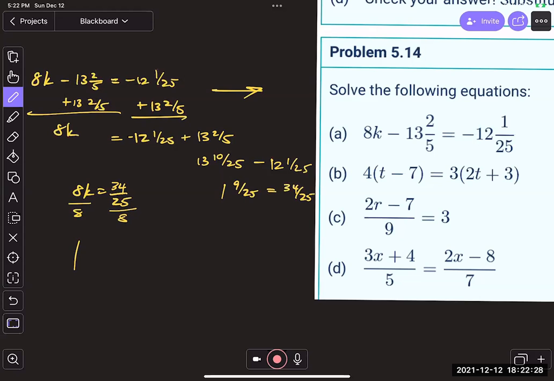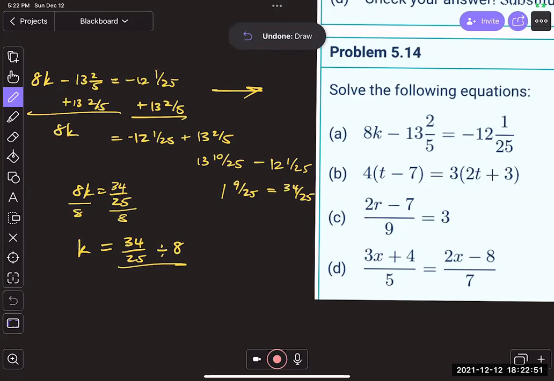Yeah, and then the one you do for 30. Are you sure it's not k? Oh, well, yeah, it is k. And then it equals 30 divided by 8.